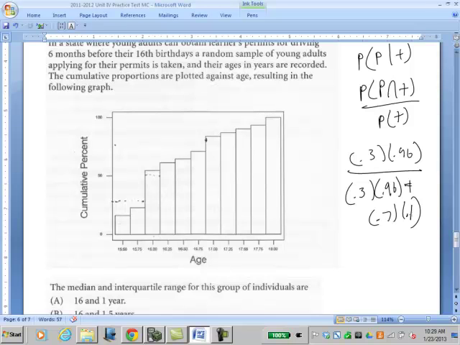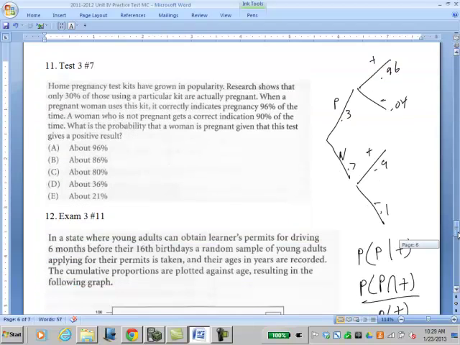Okay? But does everybody see from the tree? Let me go back to the tree diagram. Here is not pregnant and positive, 0.7 times 0.1. You know what?